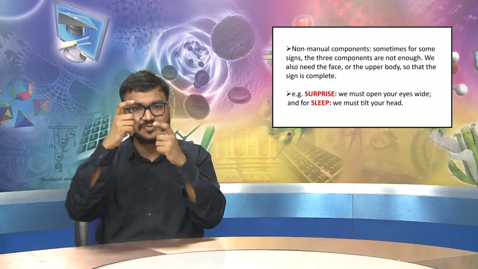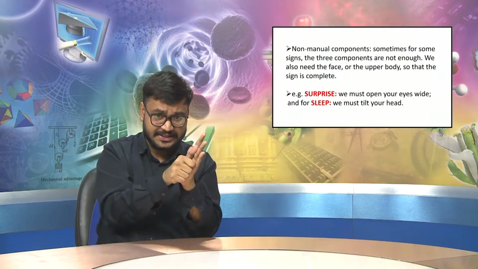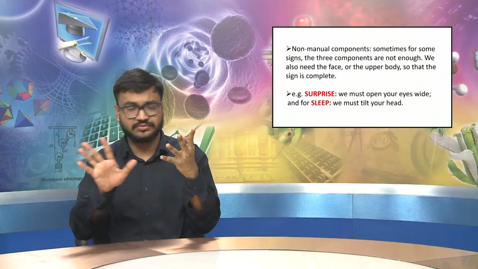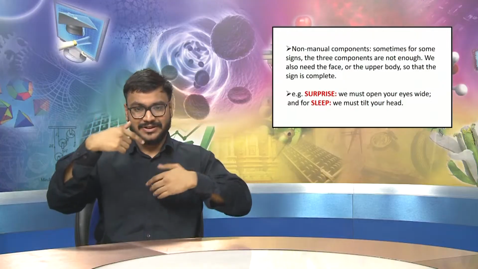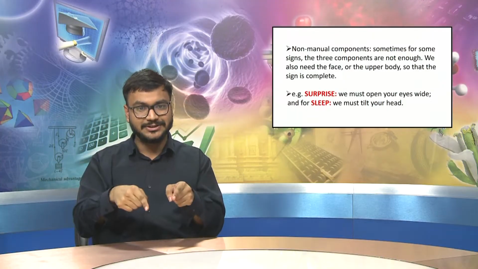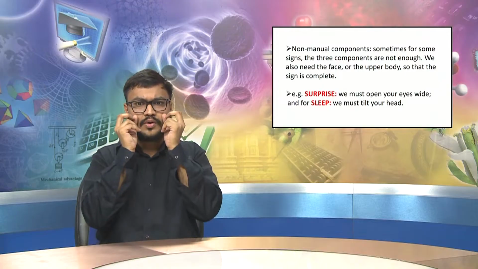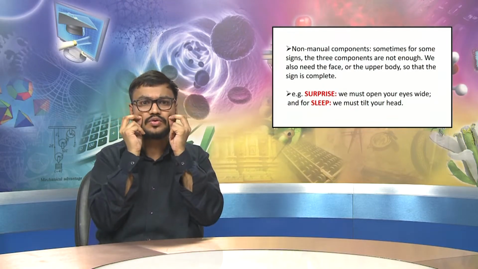Non-manual components. Sometimes for some signs the three components are not enough. You also need the face or the upper body so that the sign is complete. For example, surprise, you must open your eyes wide.